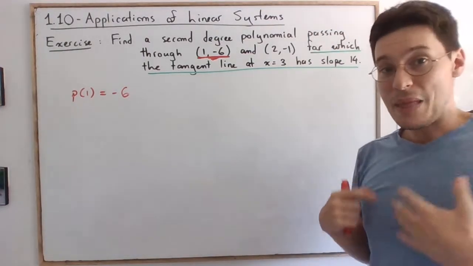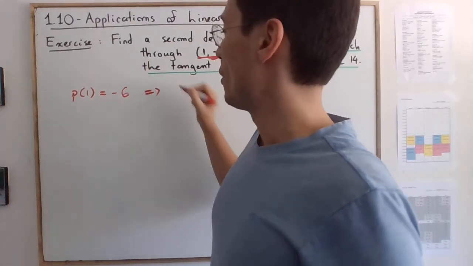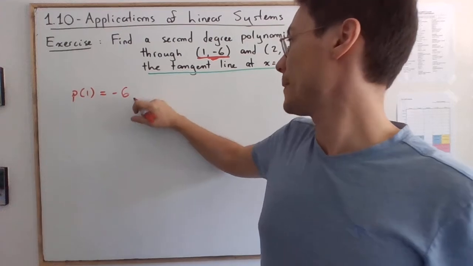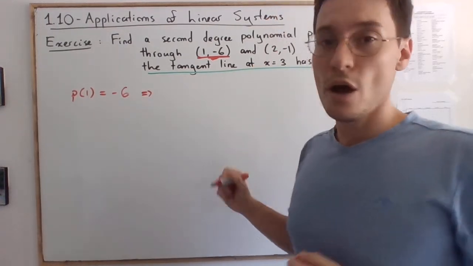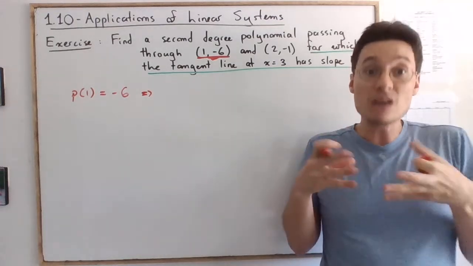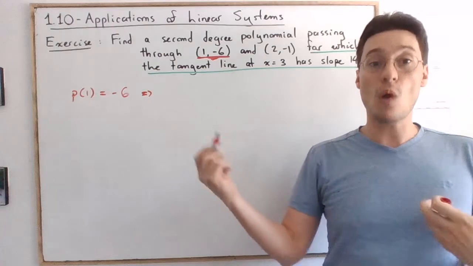If you were to translate this as an equation, remember my advice: write the polynomial with the constant term first, then the linear term, then the quadratic term.